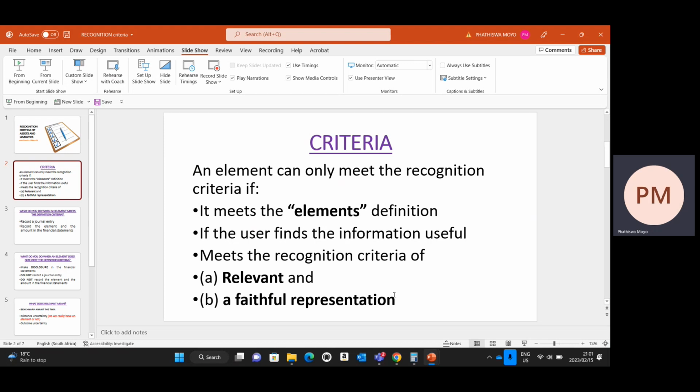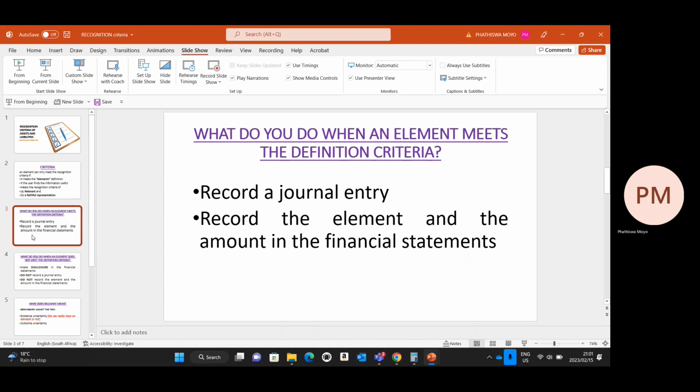Remember, the first dimension is that the element's definition must be met. The second dimension is relevance and faithful representation. So what do we mean? What do we do if an element meets the definition of the criteria, like the expenses?